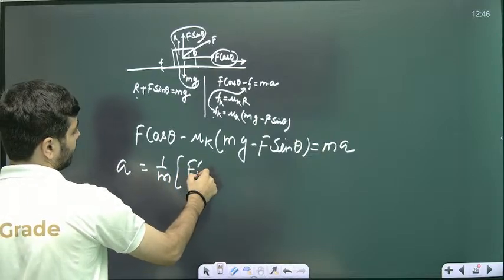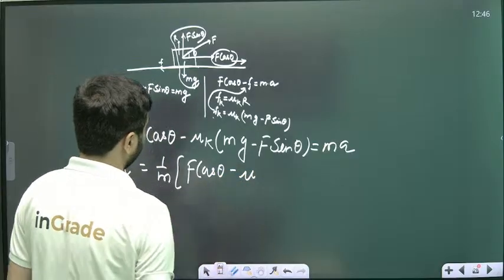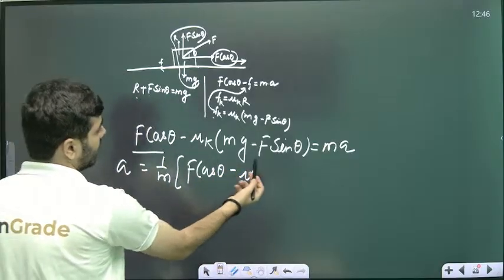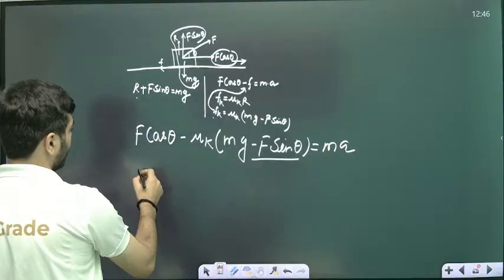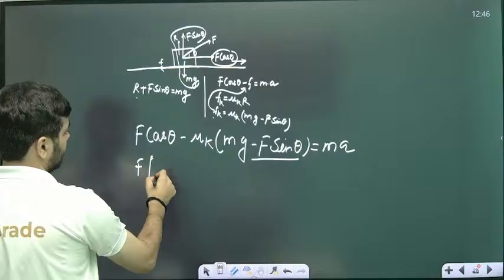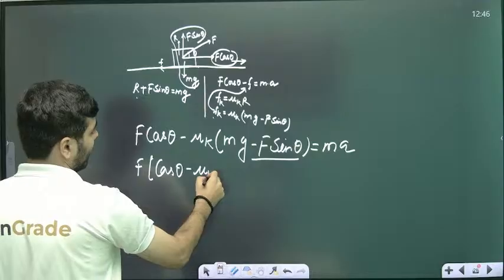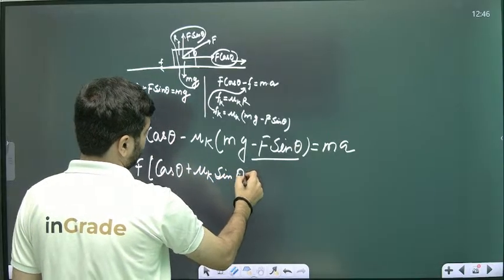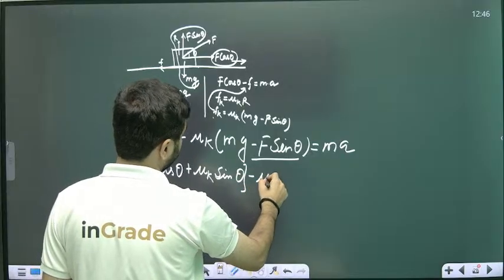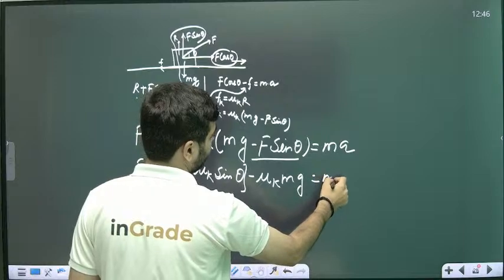Let's take F common: F cos theta minus mu k mg plus mu k F sin theta equals m a.